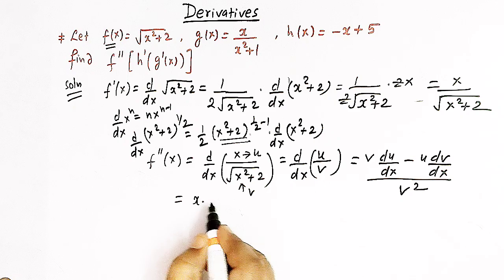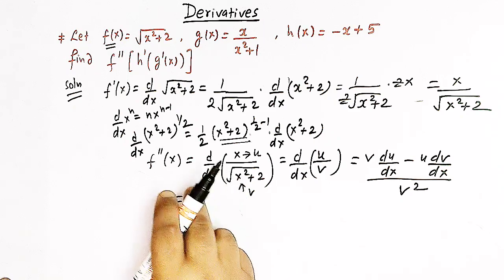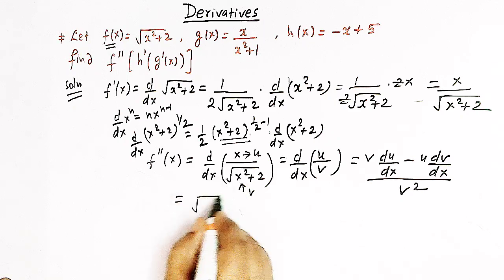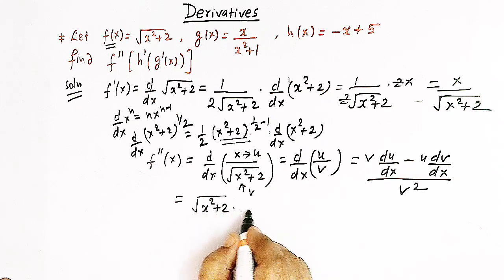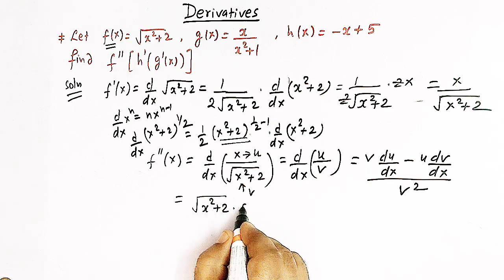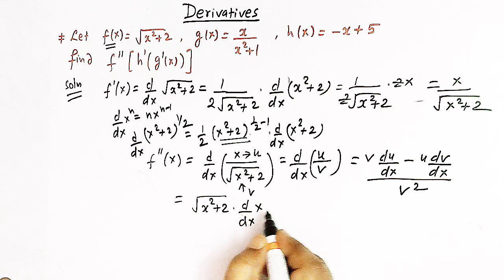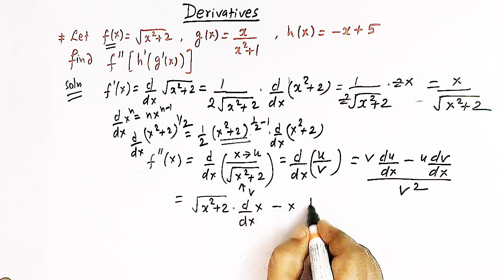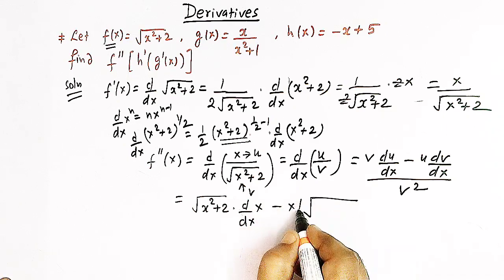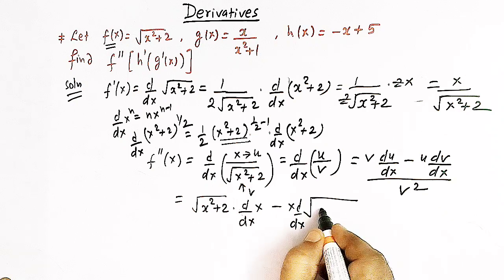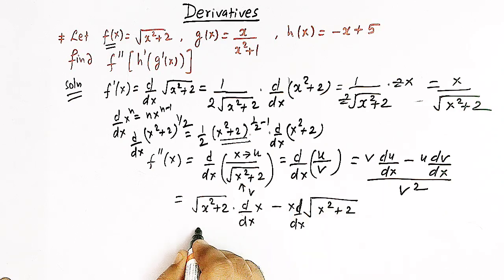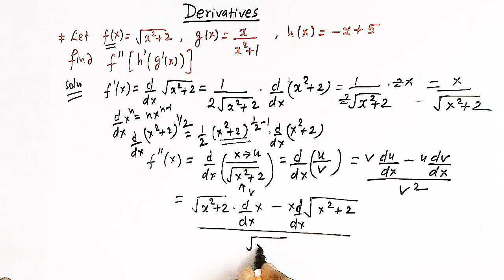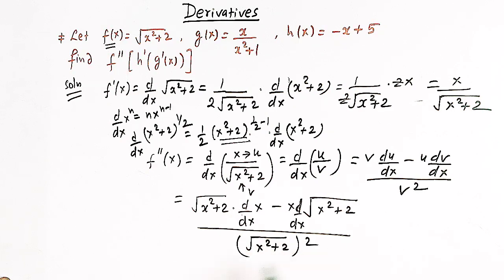So we have x square plus 2 times the derivative of x, then minus x times the derivative, d by dx of x square plus 2, and then here we have the square of square root of x square plus 2.